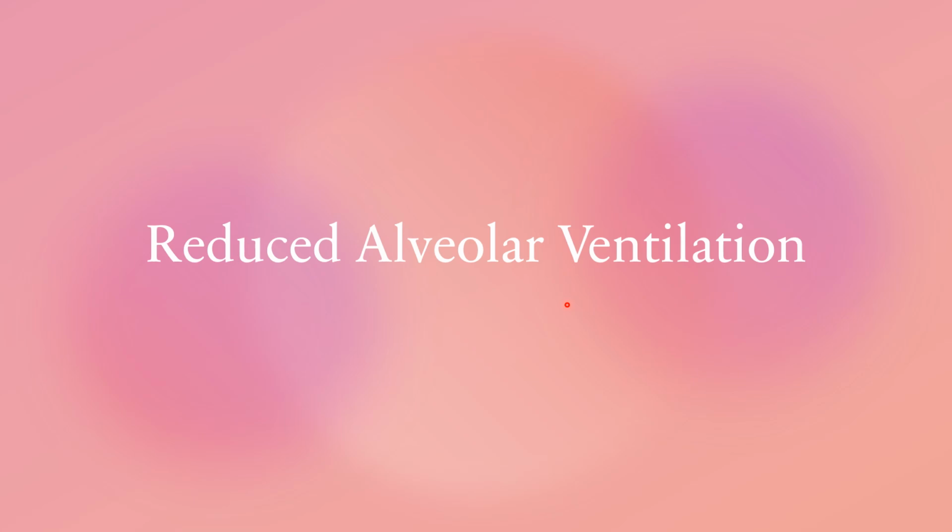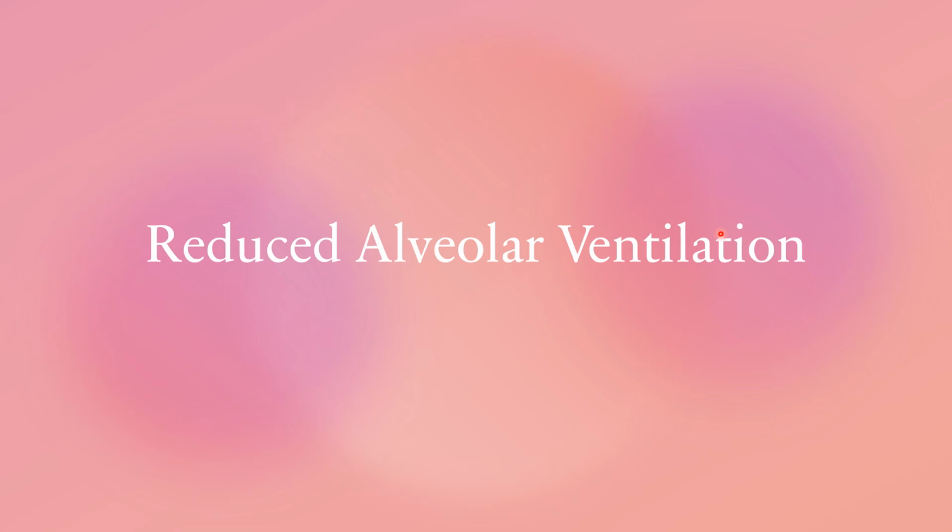Second is the availability of gaseous exchange surface of the lung, that is the diffusing surface area, which will also be reduced. So these are the two main factors responsible for less oxygen delivery to the tissues if the dead space volume is increased. Now we will explain them one by one.